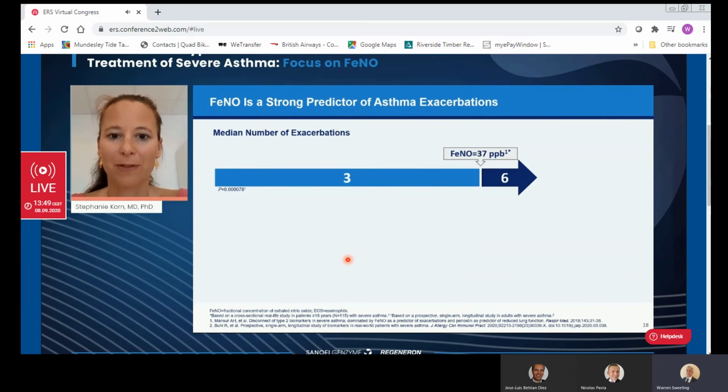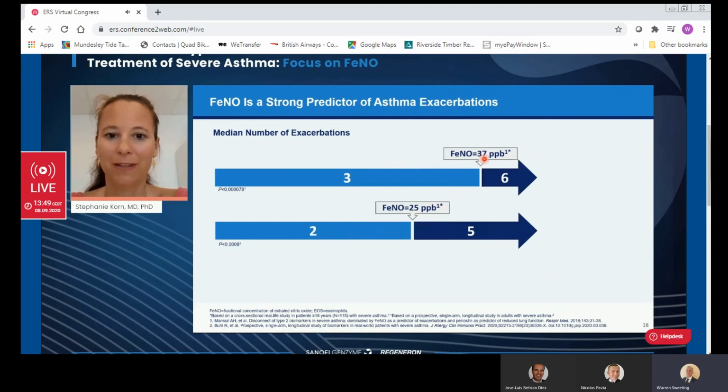And this slide demonstrates that patients with higher FeNO levels have a greater risk of asthma exacerbations. If you have a cutoff of 37 or 25, for example, you can see that the patients with FeNO, for example, above 37 have twice as much exacerbations as patients with a lower FeNO.